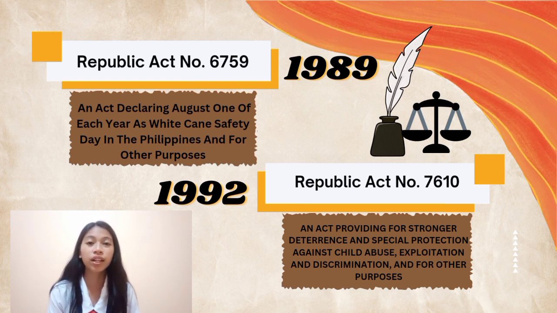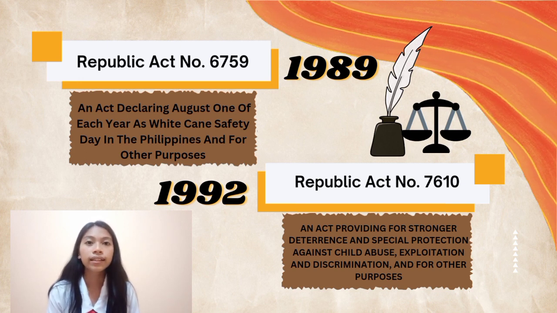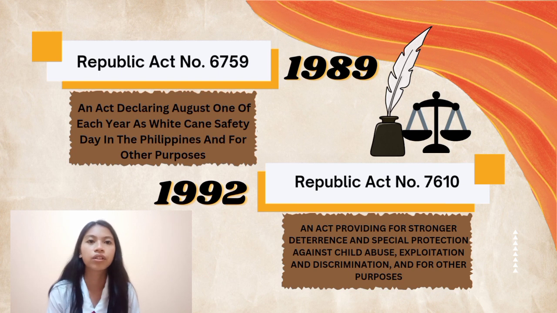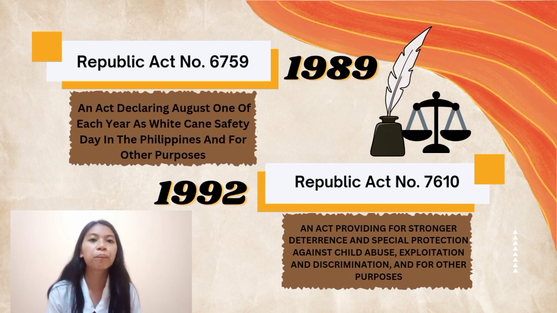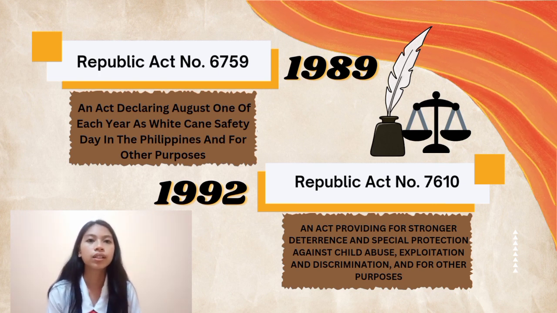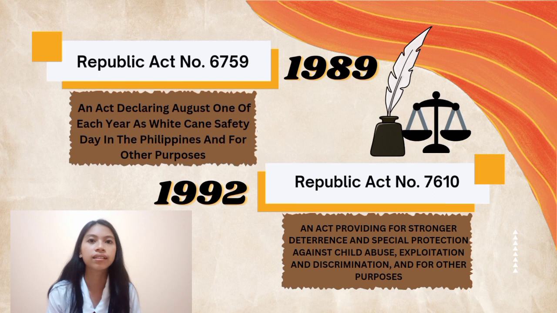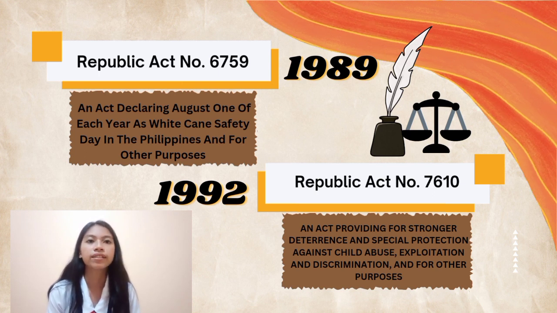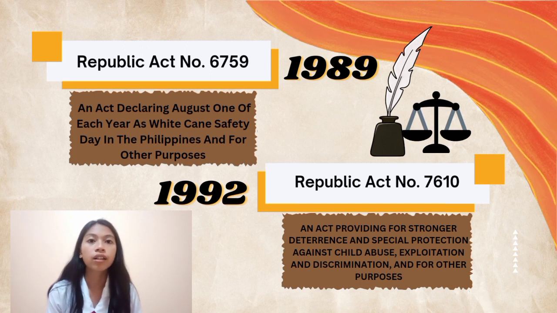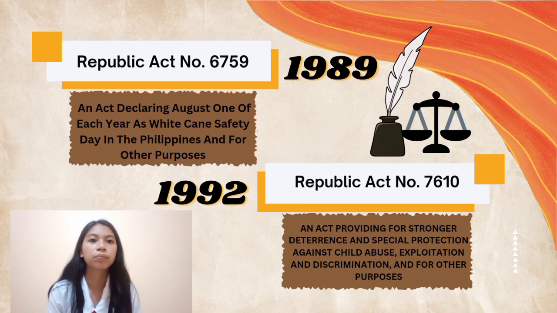So Section 3 of this Republic Act states that White Cane Safety Day, August 1 of each year, is hereby declared as White Cane Safety Day for the purpose of instilling public awareness of the plight of the blind, promoting recognition and acceptance of the white cane as a symbol of the need of the blind for specific assistance, and as a reminder of the individual's duty to care for and accord due respect to his unfortunate brethren.